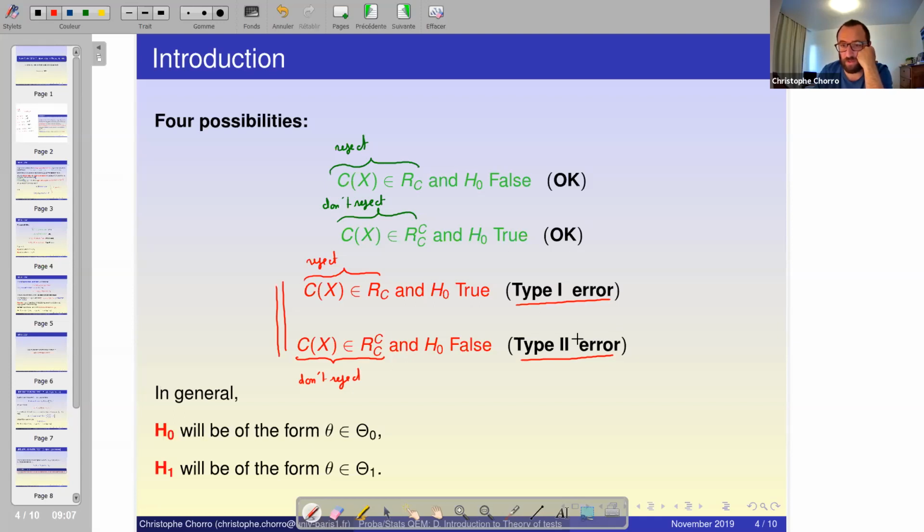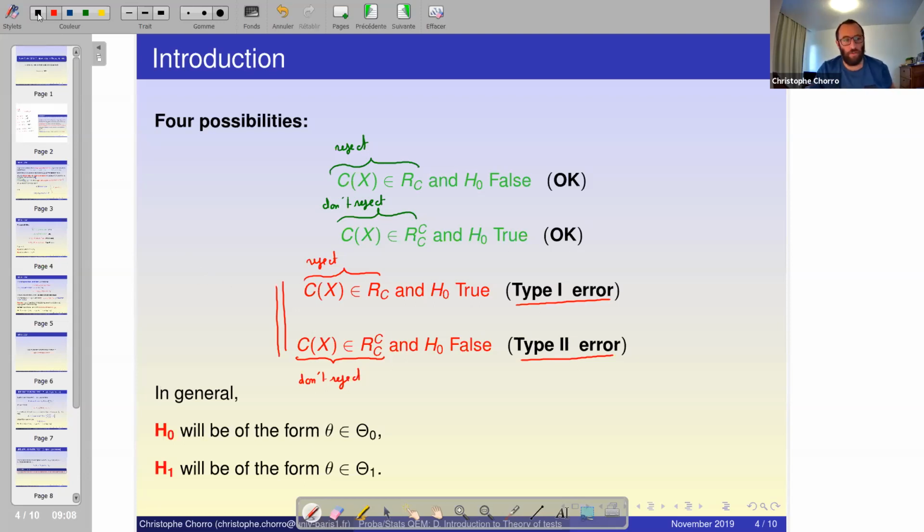For the other situations, it's perfect, I like them, because I reject something that is false, or I don't reject something that is true. But I want to have some control concerning the two types of errors when I use a statistic and a critical region in order to check whether or not a hypothesis, here H0, is fulfilled.